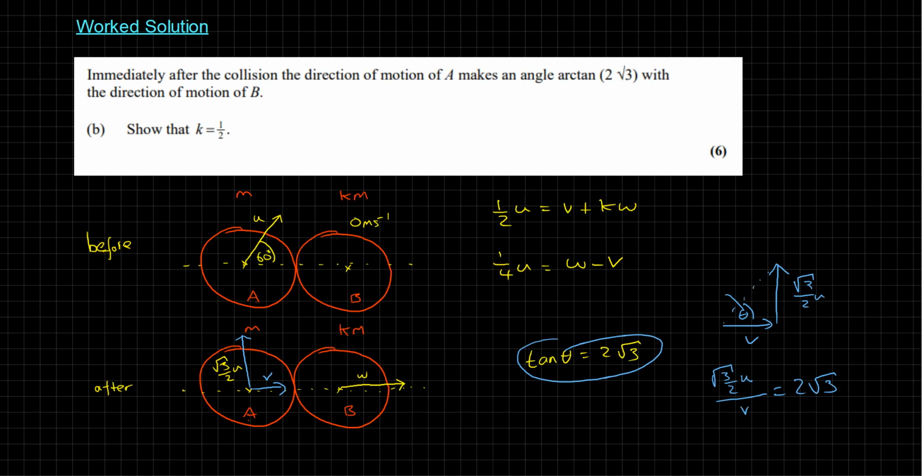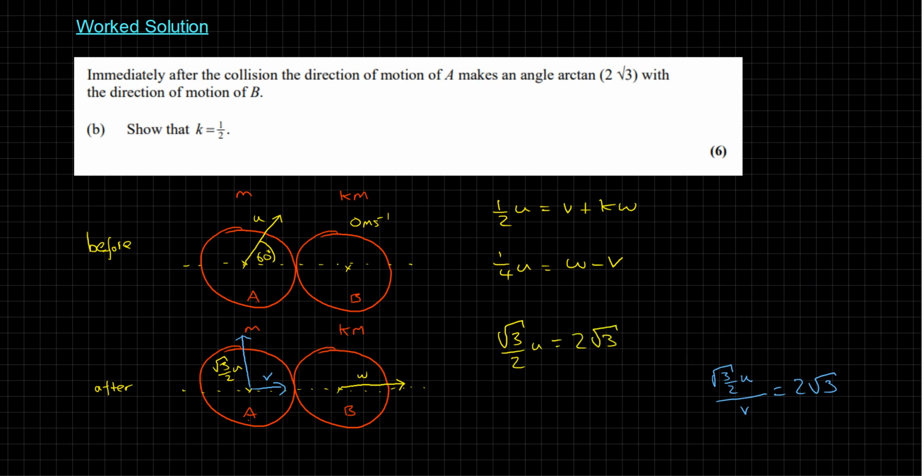And we can probably just make that a little bit neater. So I'm just going to rewrite that over here as √3/2 times U equals 2 times √3 times V. Actually, let's just multiply both sides by √3.